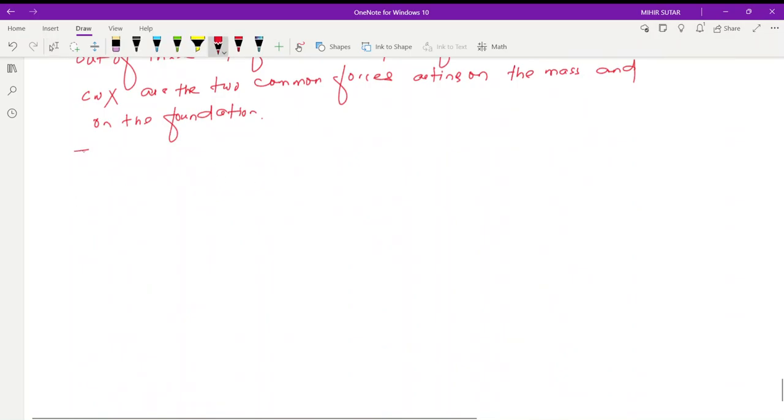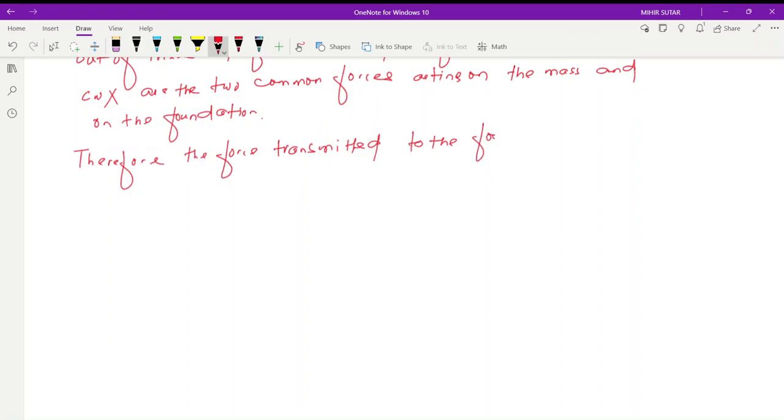you can write here, therefore the force transmitted to the foundation is the vector sum of these two forces.